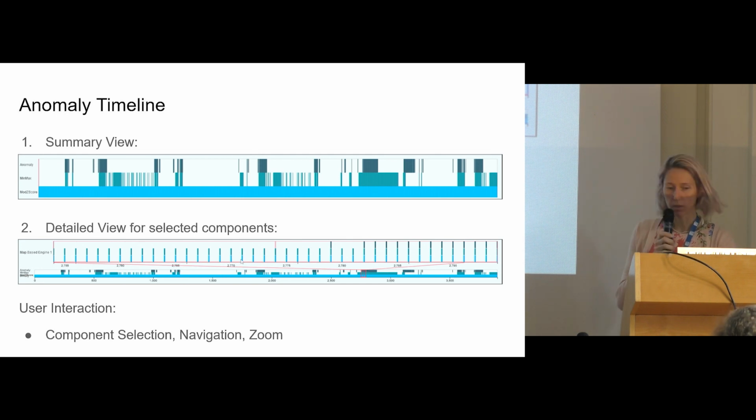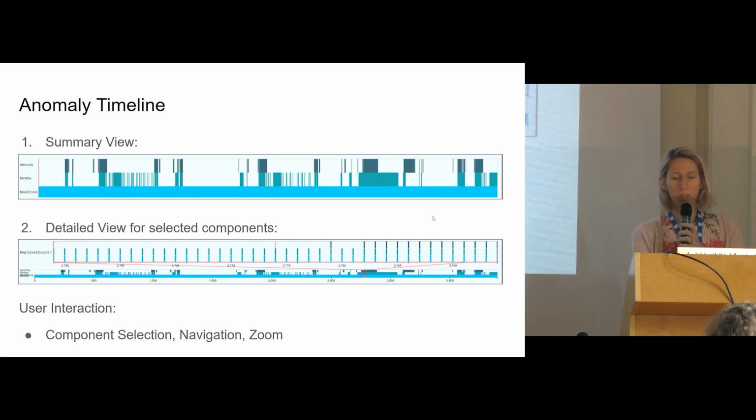So you see here this small orange rectangle. It shows the window frame that we are looking at. We call it the zoom window. And you can move this and change the size of the window.